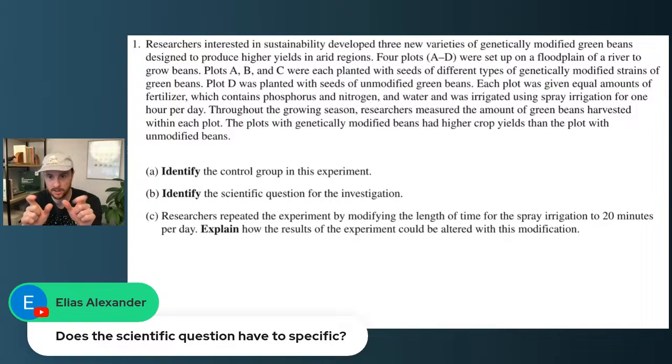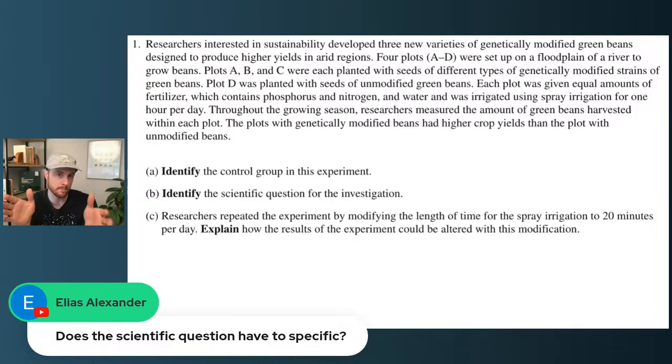It's not going to be like, how will soil quality be affected by plants being planted? Because we don't know what is going on with the plants being planted. We don't know what soil quality means. Are we talking permeability? Are we talking water holding capacity? Are we talking texture? You need a specific variable. You do not want it to be vague. You can't say how much pollution will be produced by switching from a gas car to an electric car.